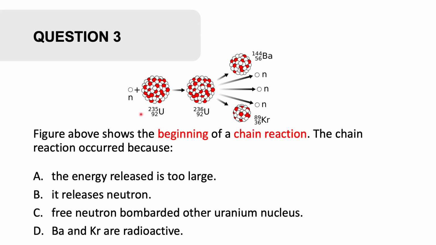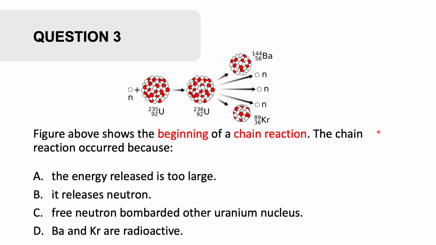Most probably the uranium-235 is bombarded by this neutron, producing two different smaller nuclei here, a barium and a krypton, while releasing these three neutrons. So, based on this diagram, it can be deduced that this is a nuclear fission reaction.